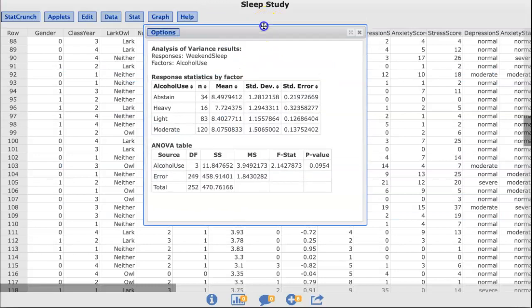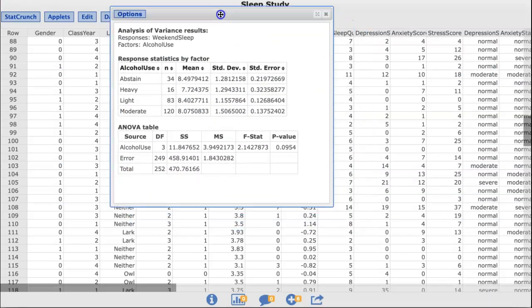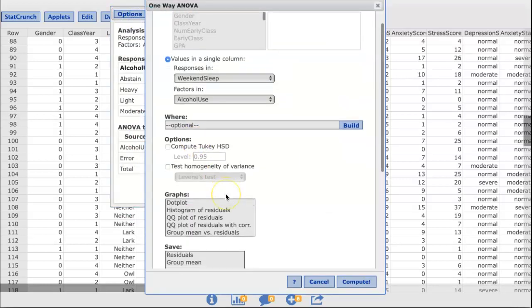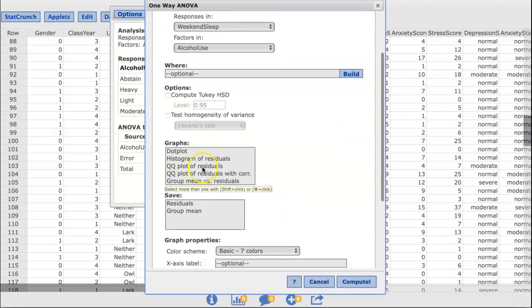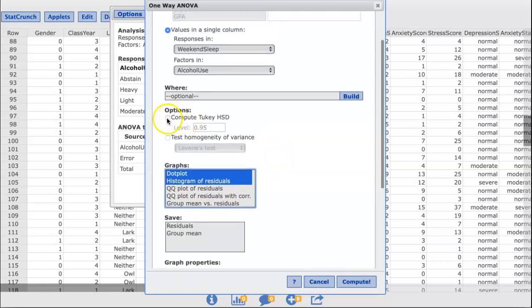So if I revisit this sleep study where I created my ANOVA, I don't have to close it. I can just go to options and edit. By the way, this is where I did my dot plot and histogram of residuals. Then I can do compute Tukey, and we could do 90%.